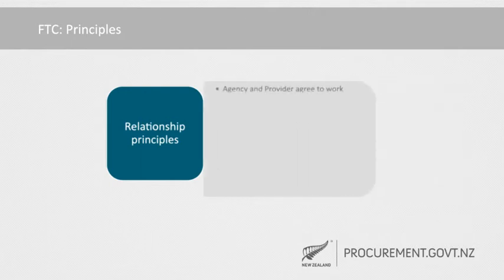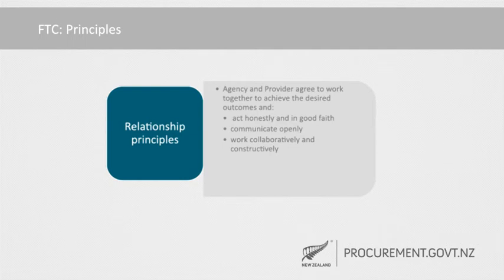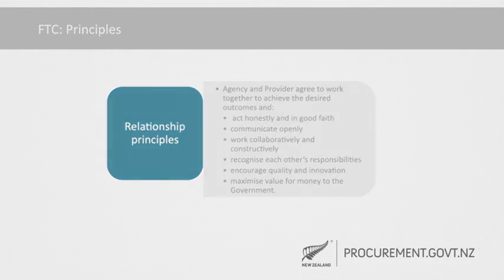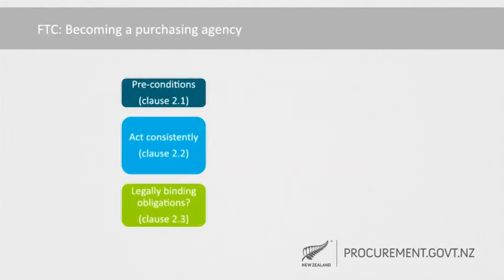Those relationship principles focus on the agency and provider agreeing to work together to achieve the desired outcomes and act honestly and in good faith, communicate openly and in a timely manner, work collaboratively and constructively, recognise each other's responsibilities, encourage quality and innovation to achieve positive outcomes, maximise value for money to government, and ensuring flexibility so that services can be adapted following discussion between the agency and provider to meet identified and agreed needs.